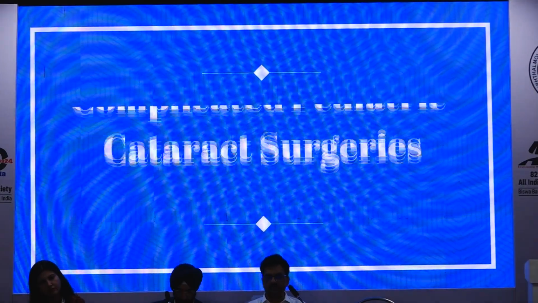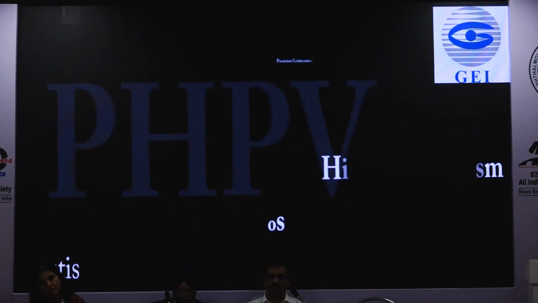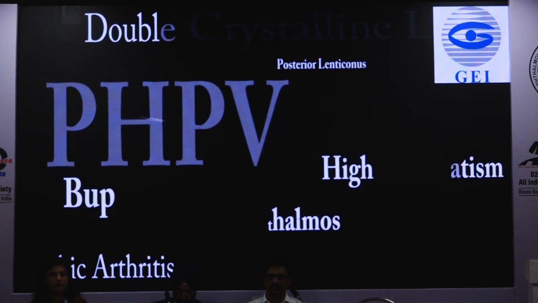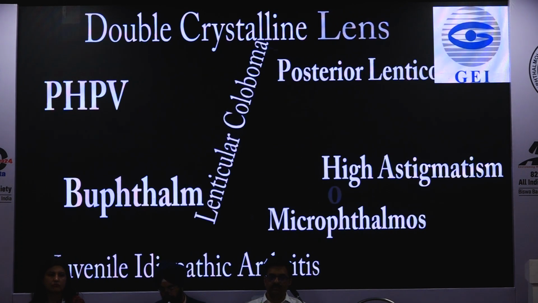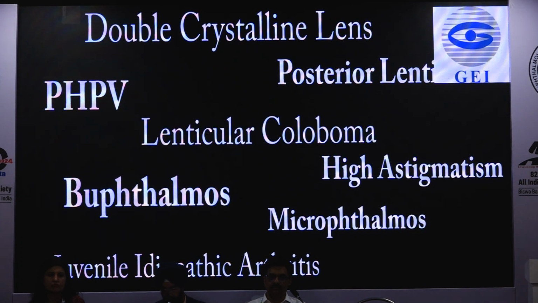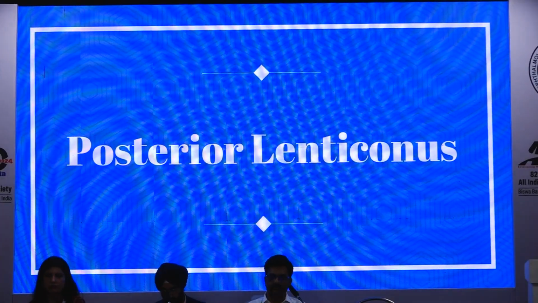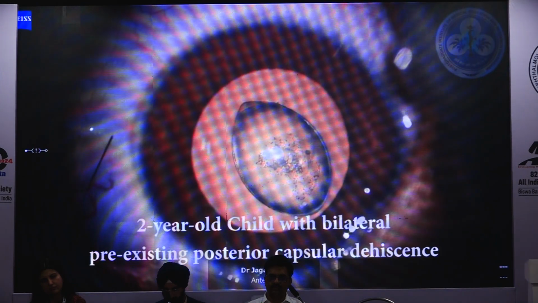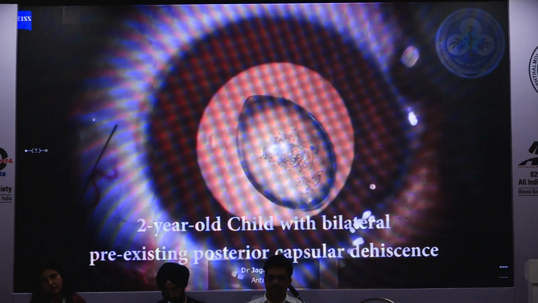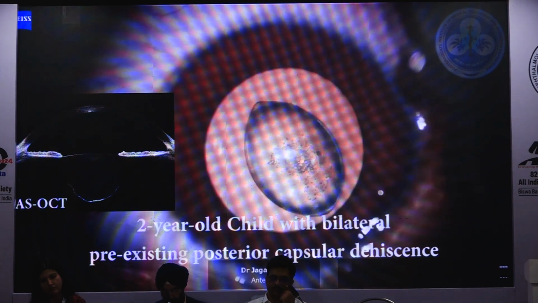Then going to the complicated pediatric cataract cases, several cases you see PHPV, posterior lenticonus, ophthalmos, microphthalmos, JIA cases. So here it is a first case which is a 2-year-old child with pre-existing posterior capsular dehiscence.